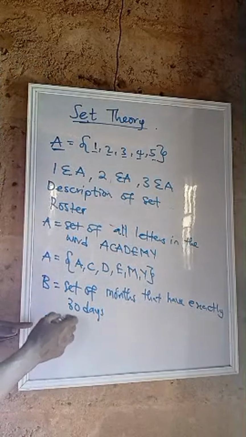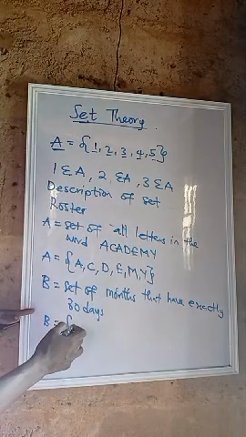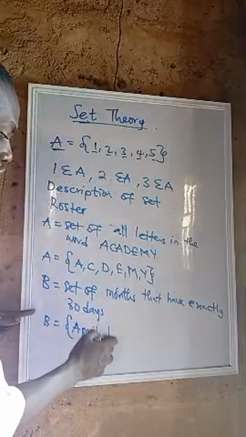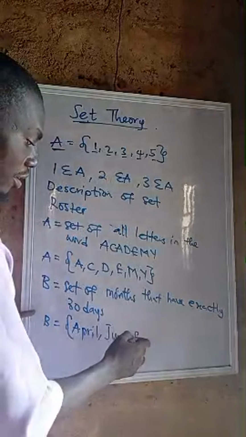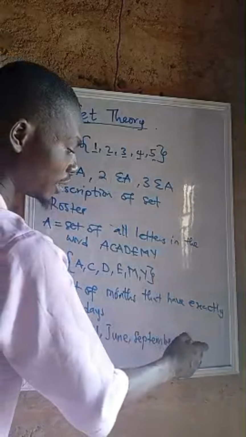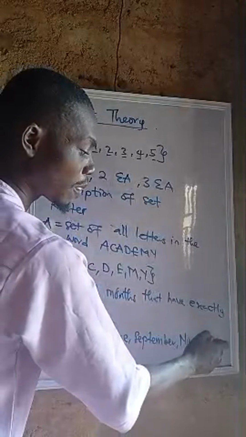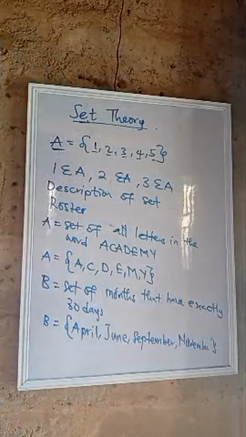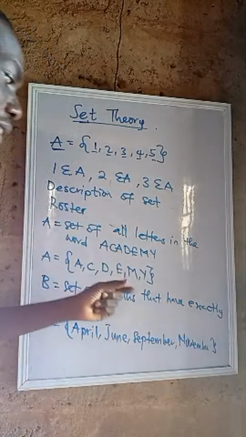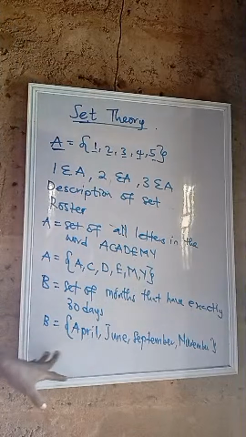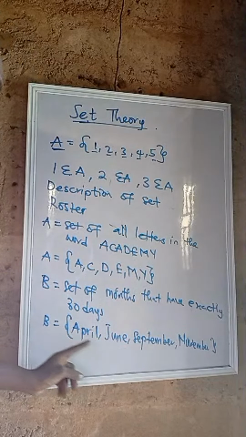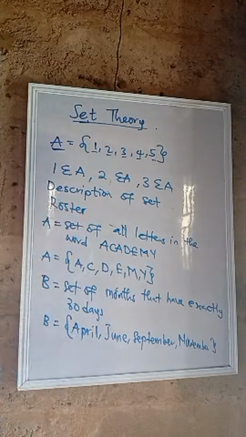For that one, we'll say April, June, September, and what? November. So I think we have 4 months that have exactly 30 days. So what I did here is put down this set in roster form.